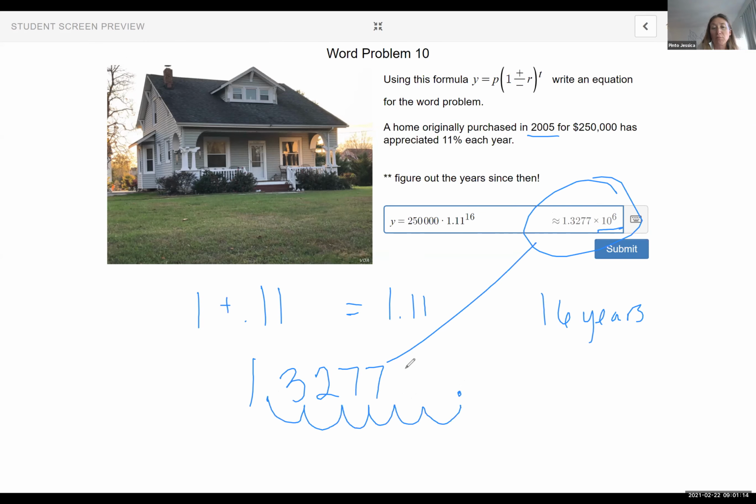So I'm going to fill in those missing spots with zeros, telling me that the answer is actually $1,327,700. Pretty big amount of money. And it has the approximation symbols, meaning they've rounded that answer. So that's pretty cool about that scientific notation. You get to move the decimal place over 6 times for that exponent of 6.